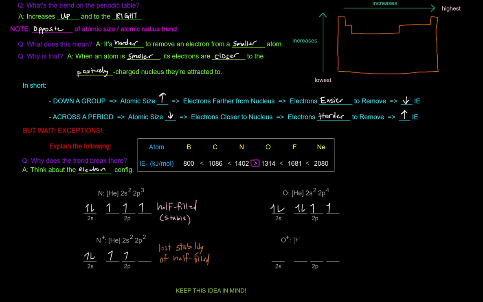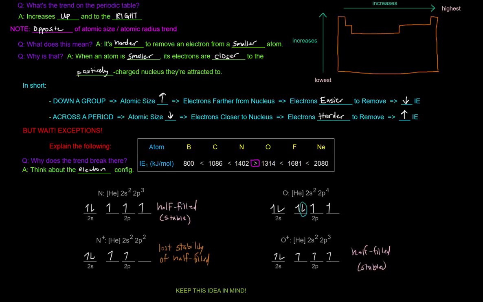So the O+ ion would be helium 2s2, 2p3. That's the configuration that nitrogen has when it's half filled. So here, this is half filled and stable. And here, it's not that this isn't stable, but it's not ideal, having two electrons in the same orbital. That's not as stable as having them half filled.